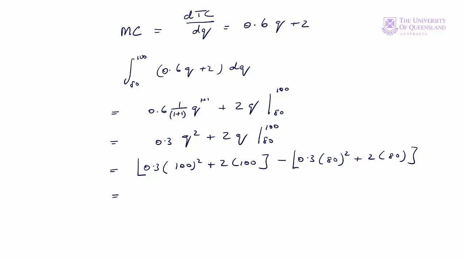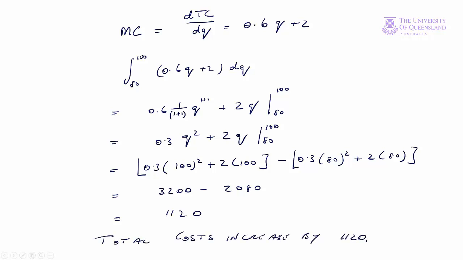Doing those calculations, we'll find that's 3,200 minus 2,080, and that's equal to 1,120. Our conclusion then: total costs increased by 1,120.